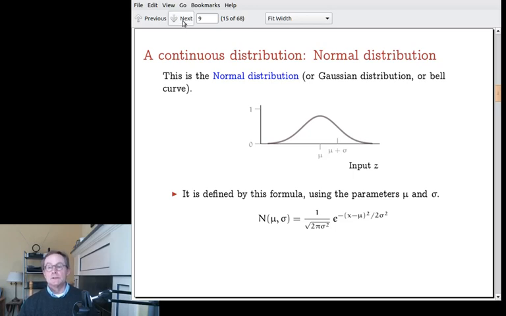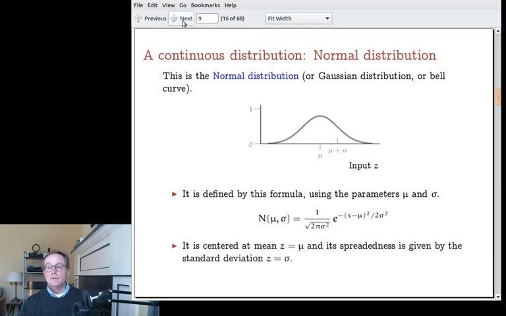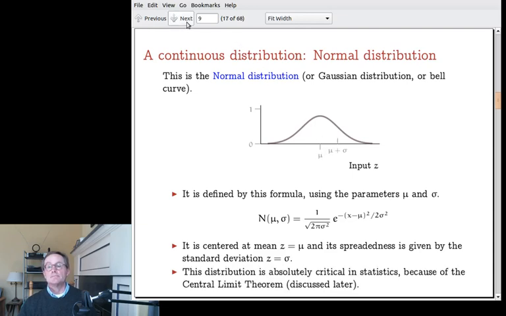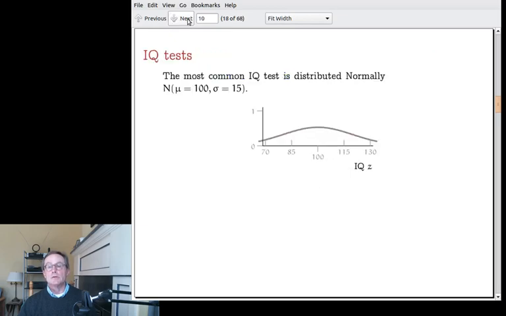It's centered at mu, and the spread is given by standard deviation sigma, so that from here to here is a distance of 1 sigma. Okay. And this distribution is absolutely critical because of the central limit theorem, and I'm going to remind you what the central limit theorem says again. But first, a little practice with normal curves.